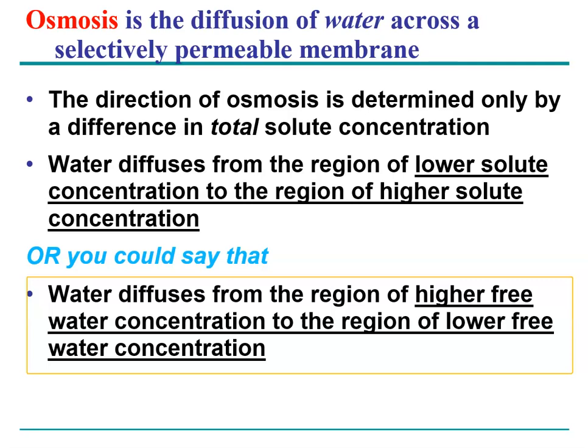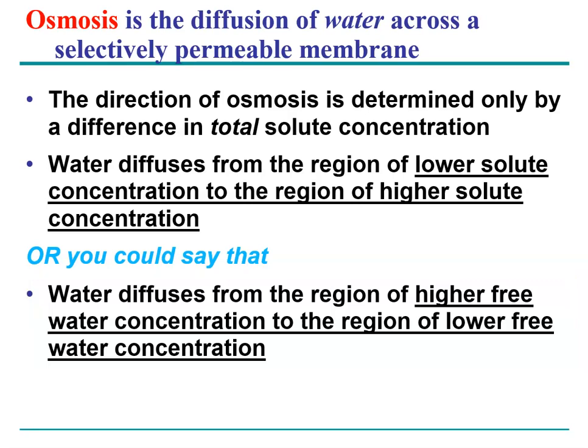Most living cells have multiple solutes. So if you were to add all of those solutes together and get a total solute concentration, water would be everything else besides the solutes. So you can also look at the definition of osmosis from the perspective of how much total solute concentration there is.